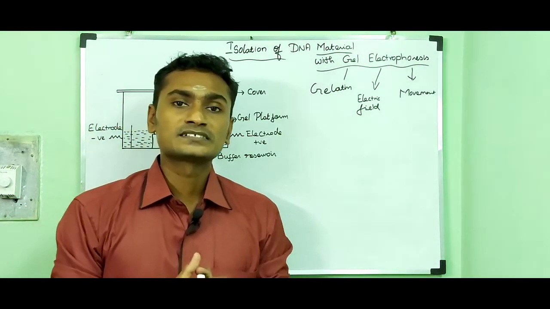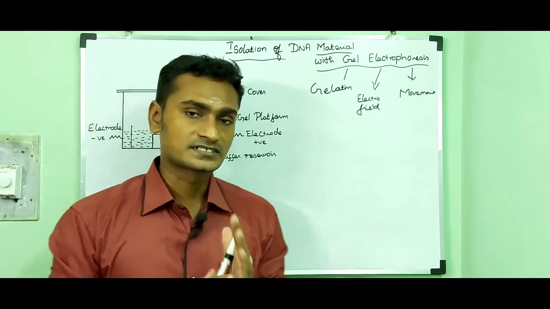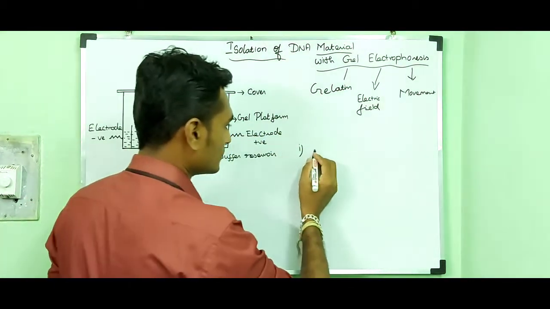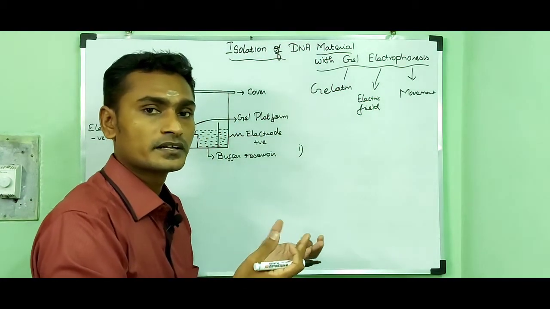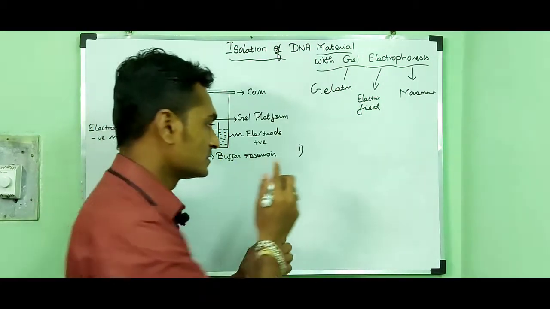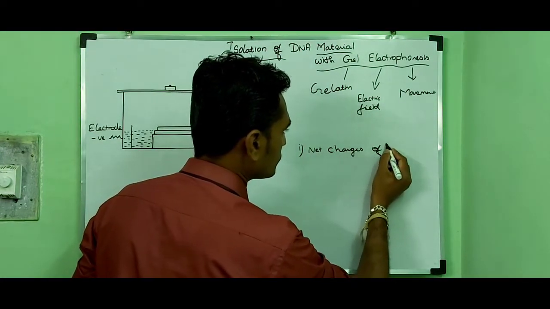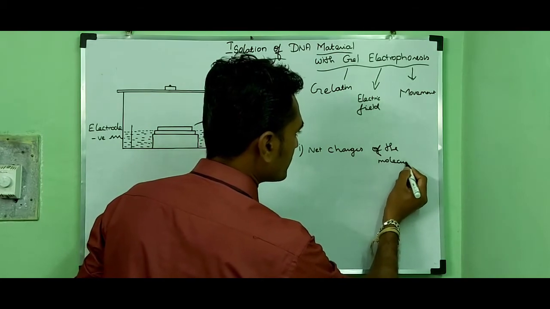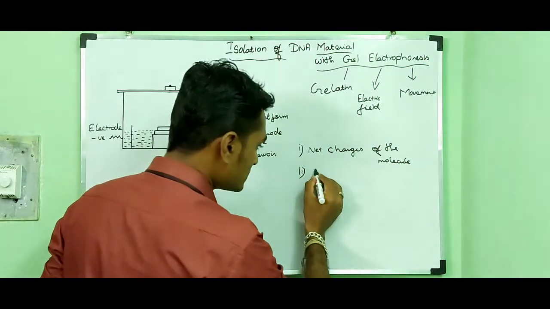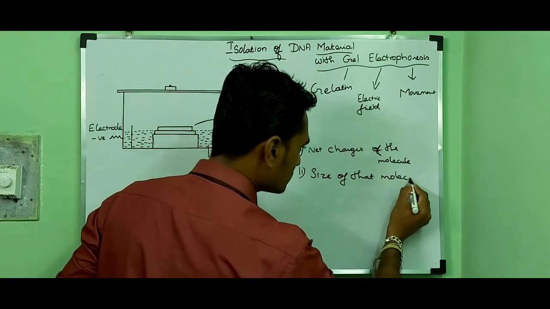Then some of the factors which can influence the rate of migration, that is the movement of the molecule, are the net charge of the molecule, whether that molecule may be a DNA or RNA or a protein. The next point is that migration depends upon the size of that molecule.